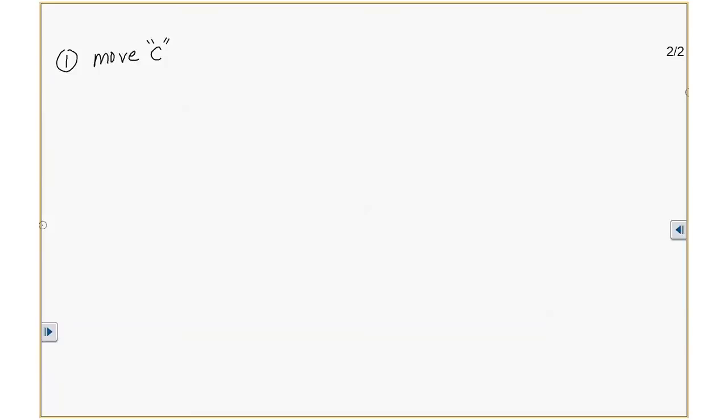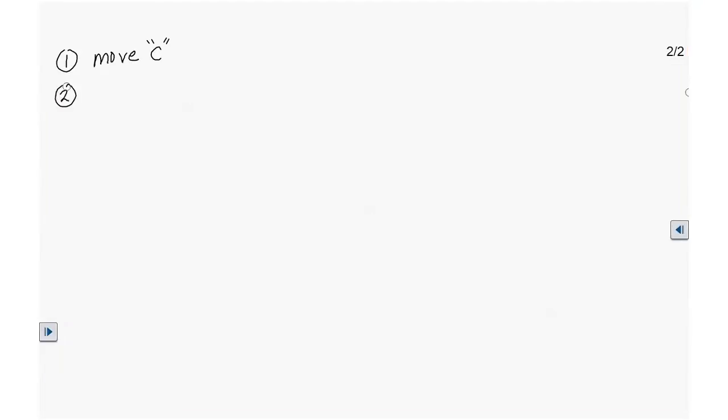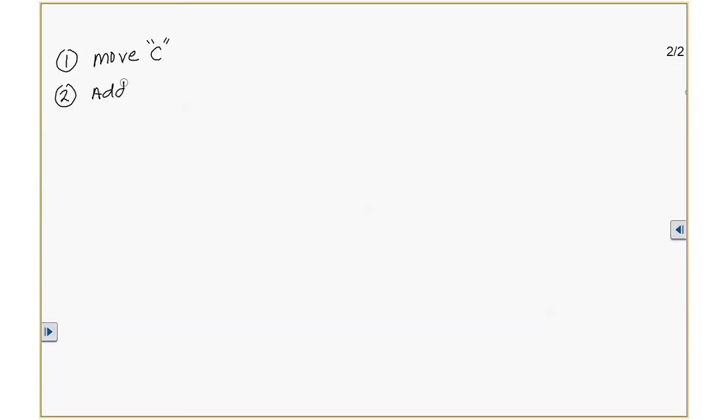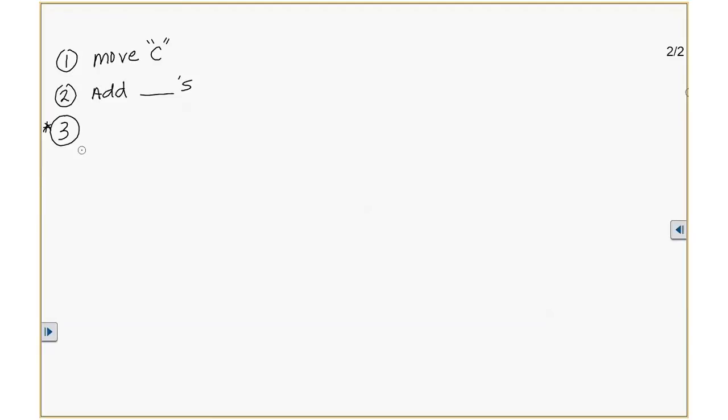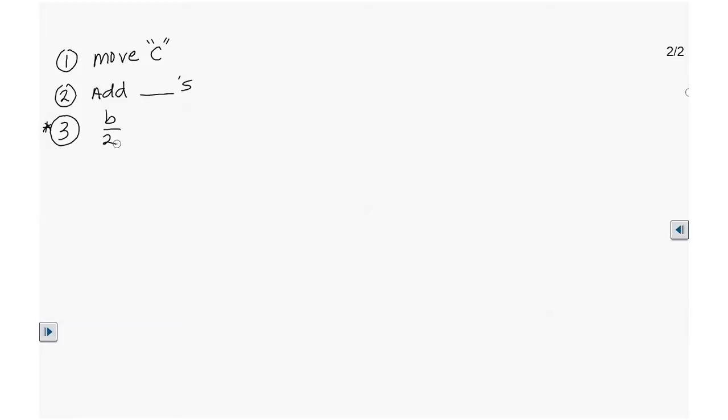Number 1, the first thing you do is move C. The second thing you do is you add blanks. Third thing you do, and it's probably the most important, put a star beside it: B divided by 2 and square it.